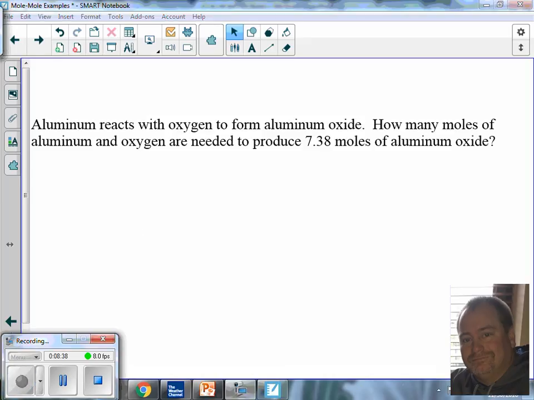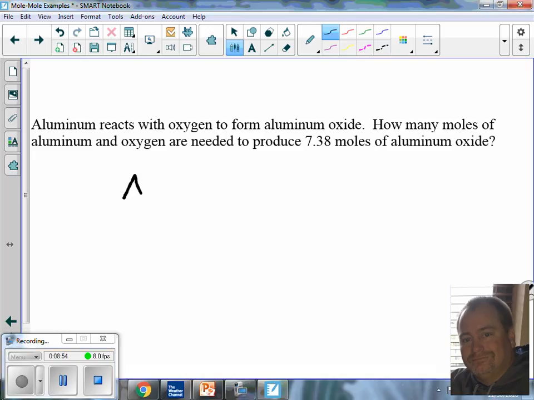Okay, as I walked around, I saw some good things happening, folks. The very first thing, once again, is I'm going to find the balanced chemical equation. And if you know correctly, I'm going to write the equation up on the top of this. What I did, folks, is I threw at you the exact opposite of the equation we used at first with the notes.